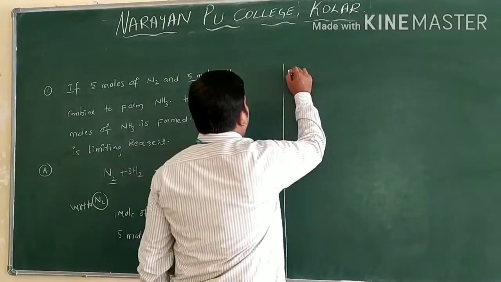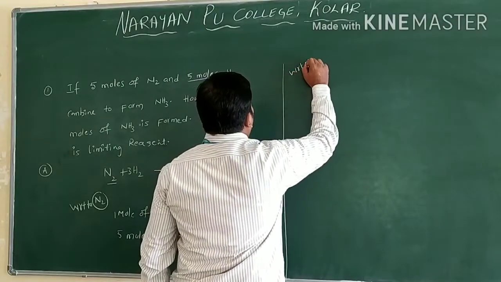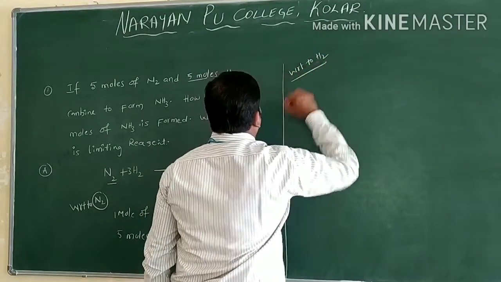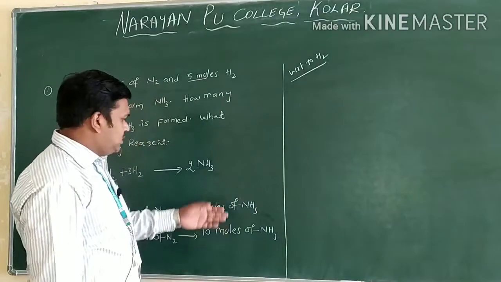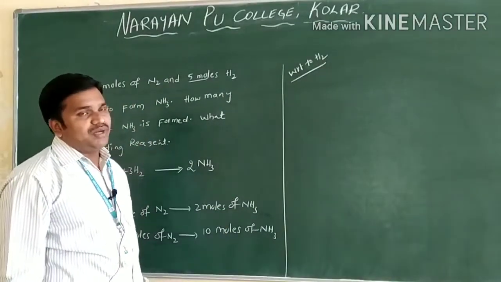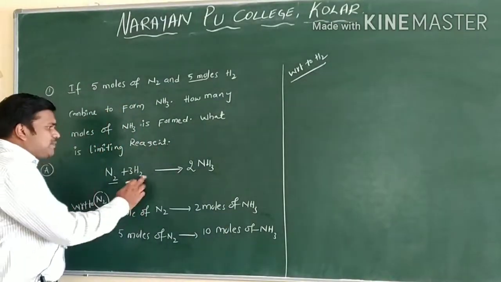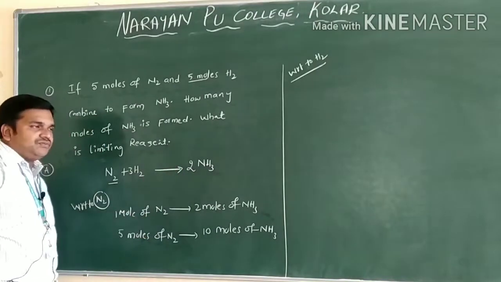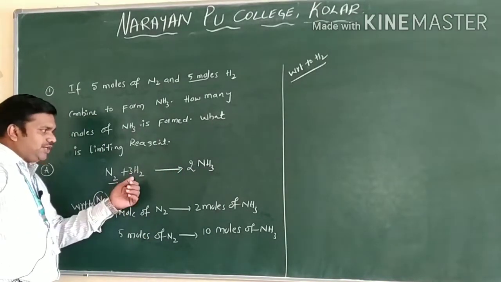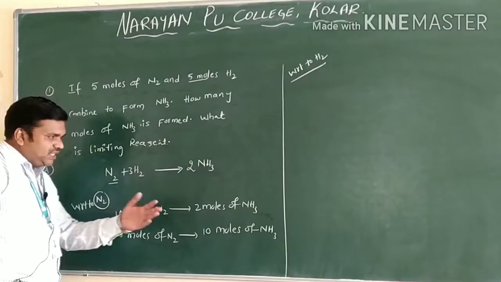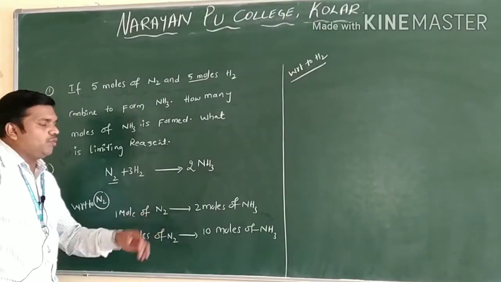Now with respect to H2, we have to identify how many moles of ammonia are formed in this reaction. From this balanced equation, how many moles of H2 are we taking? 3 moles. How many moles of NH3 are formed? 2 moles only.